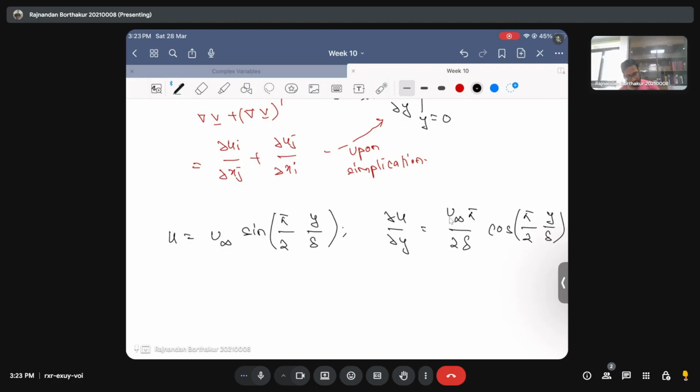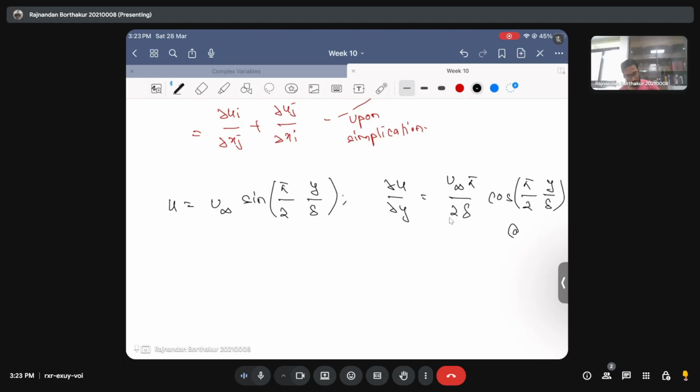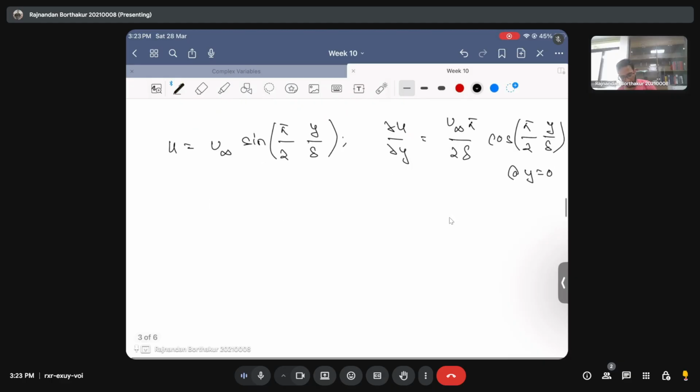But this needs to be evaluated at y equal to 0, because we are evaluating the wall shear stress. So del u by del y evaluated at y equal to 0 is just u infinity pi by 2 delta. That is what we get.